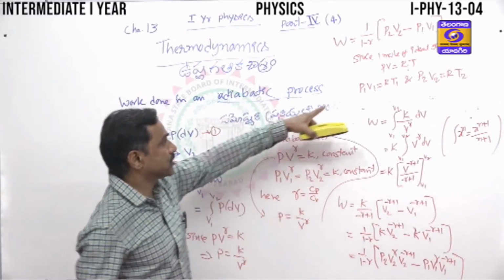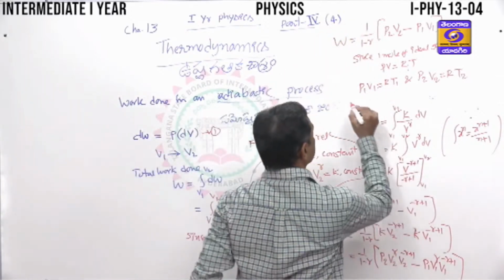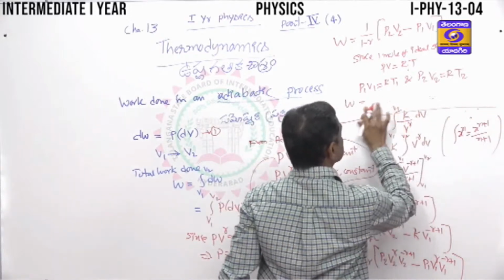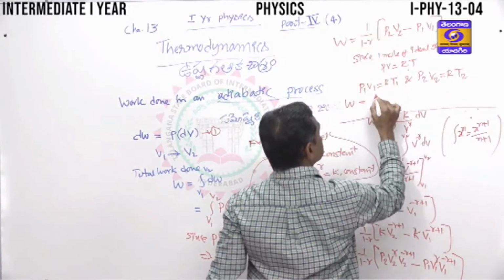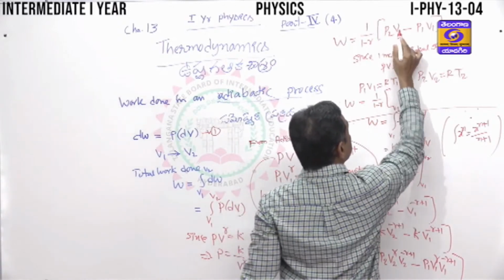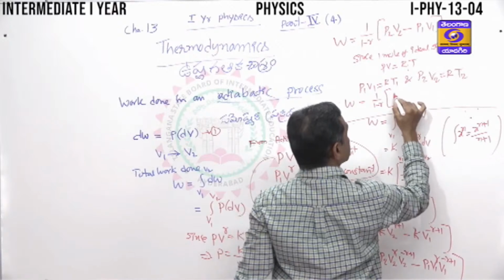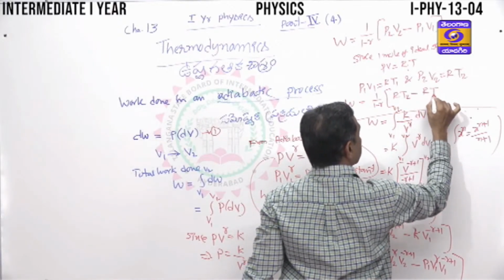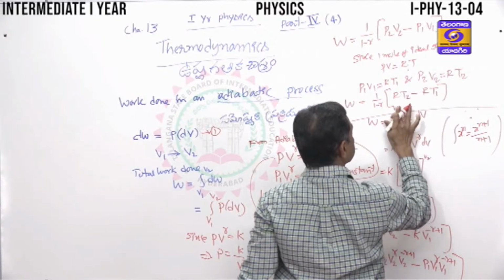Now substituting this data in the above expression, the work done is given by 1 by 1 minus gamma times RT2 minus RT1, right?